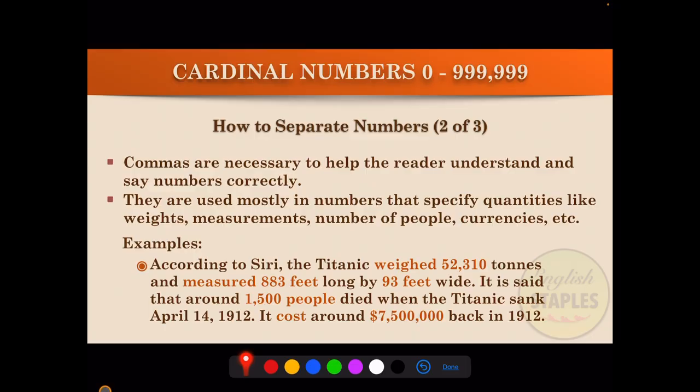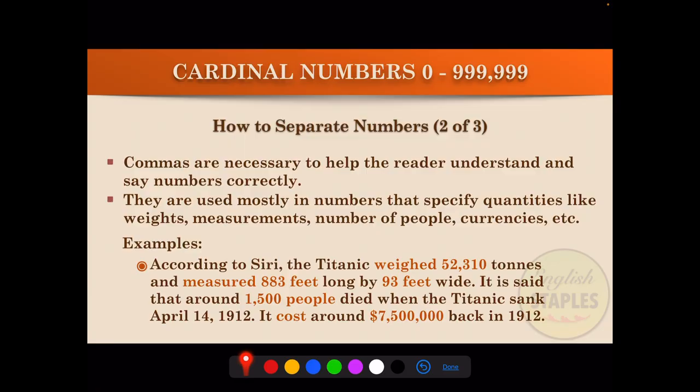So as we can see here, it's the weight of the famous Titanic ship. The weight of it was 52,310 tons. So we start counting from the right: 1, 2, 3. Then we put a comma. Then we have two more numbers there.